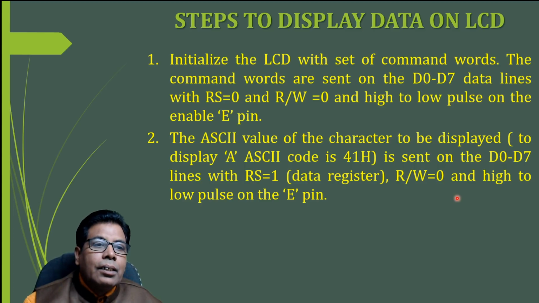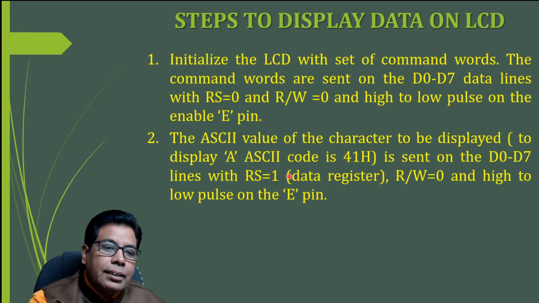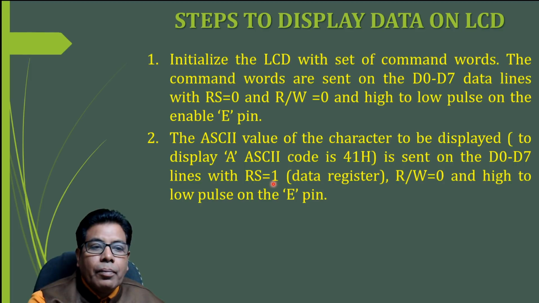Now when we are sending the ASCII code, RS should be 1, because that is for the data register select. Then RW again should be 0 if you want to write, and a high to low pulse on E. So these three things we have to take care of every time.